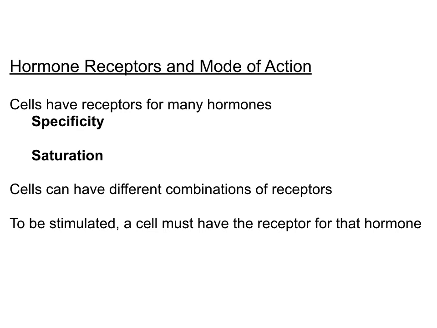You also have to keep in mind that your cells can have different combinations of receptors. So not every hormone is going to affect every type of cell in the body. So for example, you could have a cell that has receptors for testosterone, insulin, and thyroid hormone.